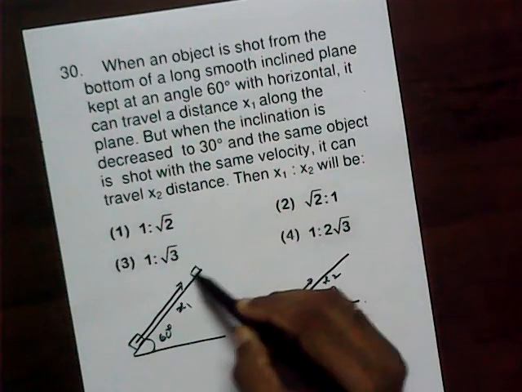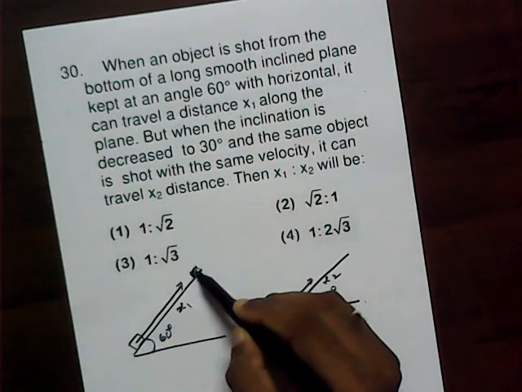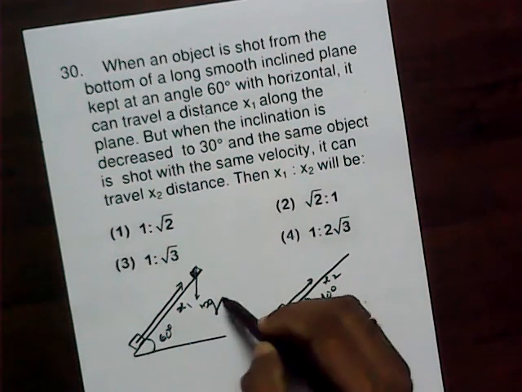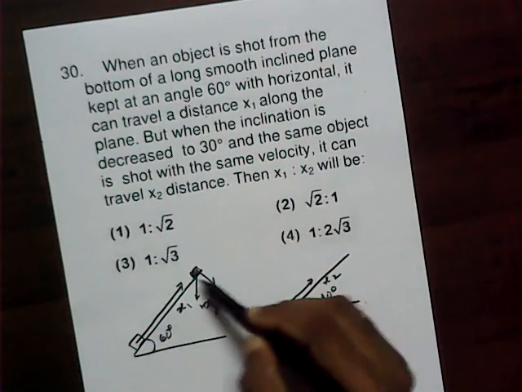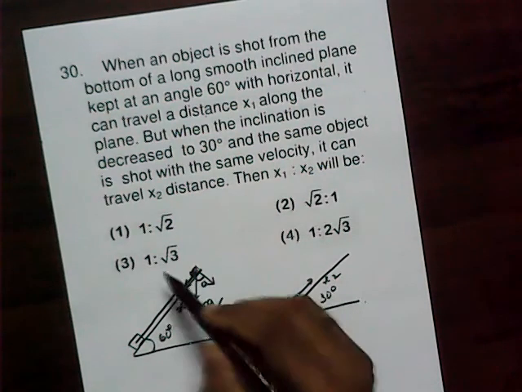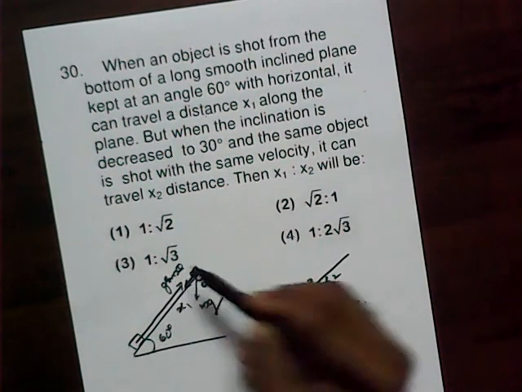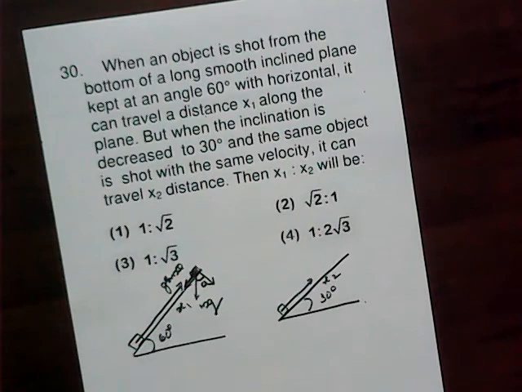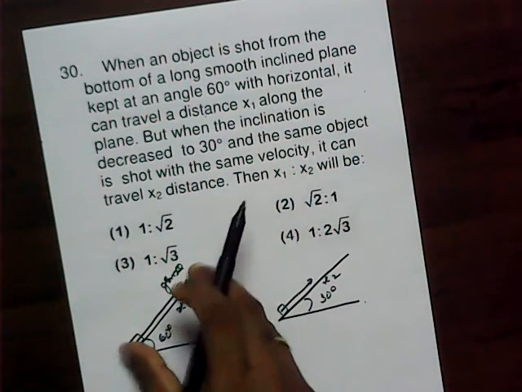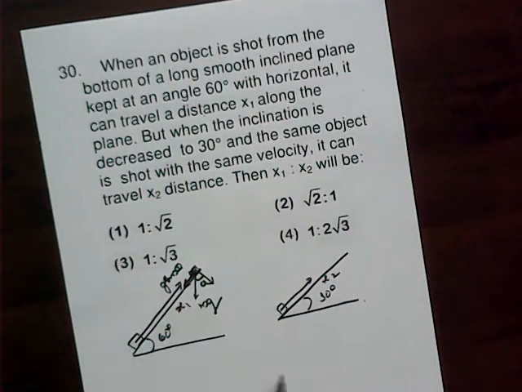But keep in mind, for a particle on an inclined plane, the weight mg is acting vertically and can be split into two components. So g sine theta is the acceleration along the inclined plane. So we have to find the displacement along the inclined plane.